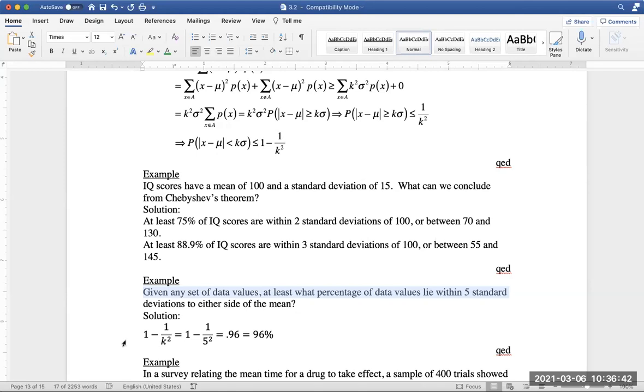So at least 96% of your data lies within 5 standard deviations of the mean. And that's for any set of data. If I have any set of data, at least 96% of the data will lie within 5 standard deviations of the mean.